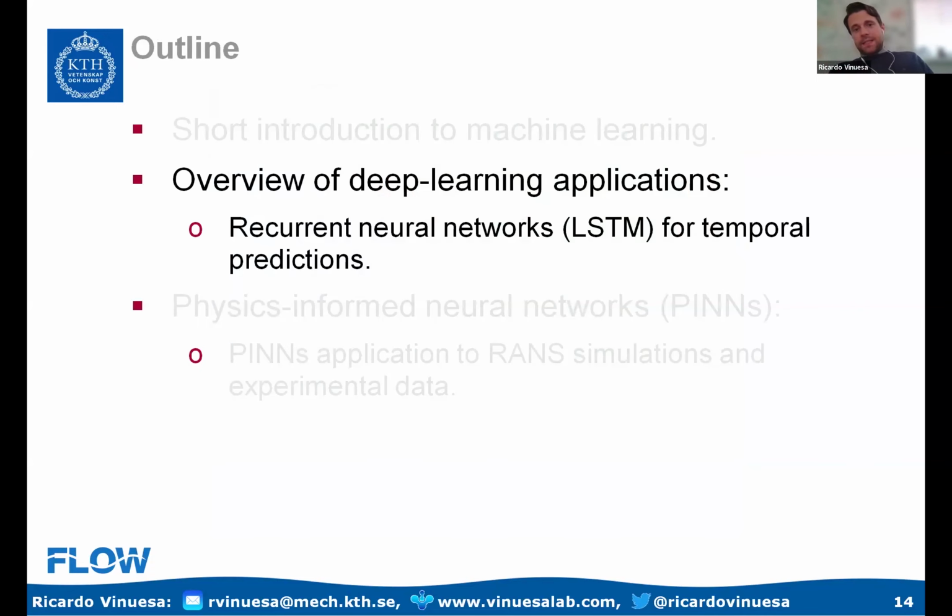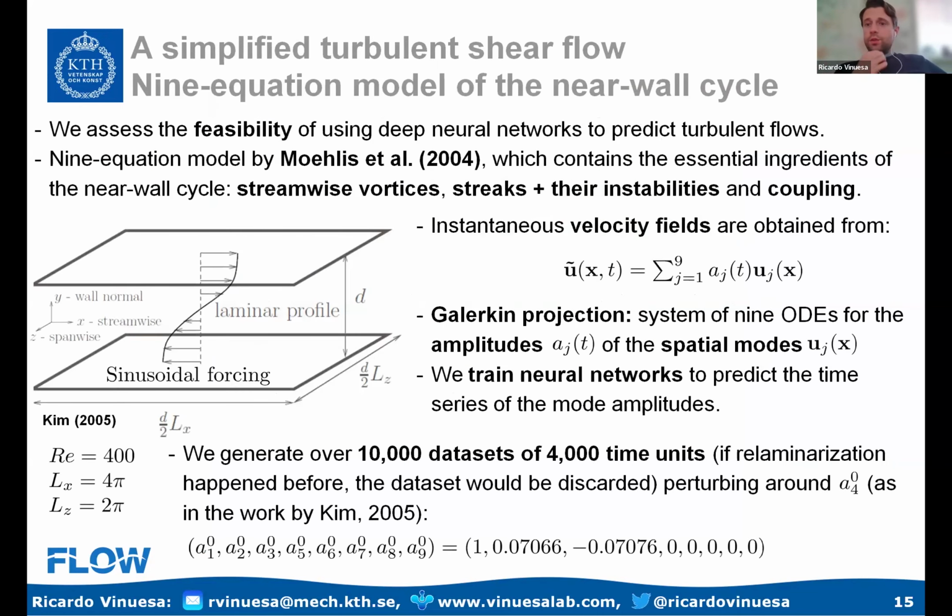Okay. Now, let me start with the basics of deep learning and how we apply them to fluid mechanics. We're going to use this example. This is the 9-equation model of Moehlis and others. In this model, what we do is basically project a lower representation of turbulence onto the Navier-Stokes equations, and we get these 9 modes.